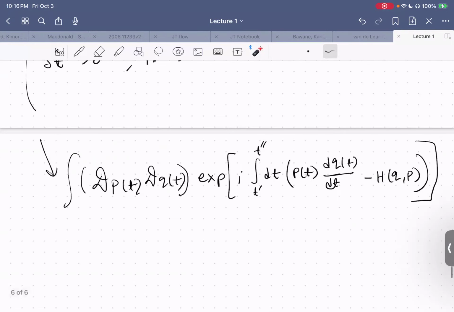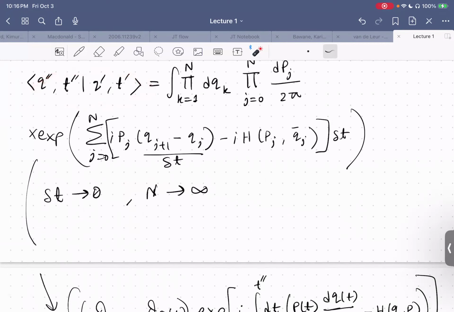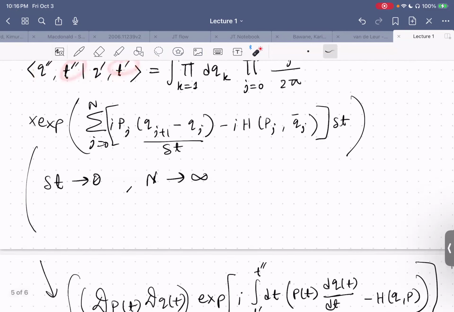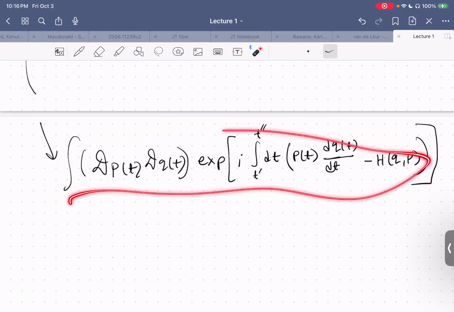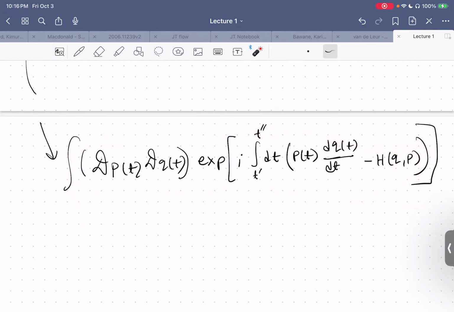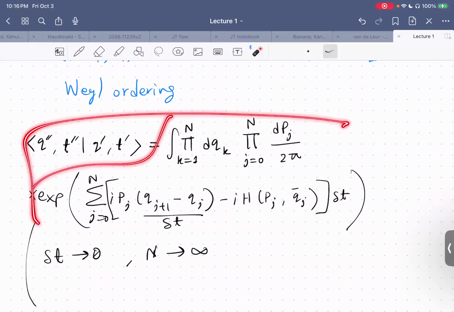Okay, so we have written this transition amplitude of a particle moving from position q prime to q double prime in a time interval t double prime minus t prime as an integration like this. And so these kind of integrations are called path integrations, but what do they mean physically? The meaning of this is clear, right?